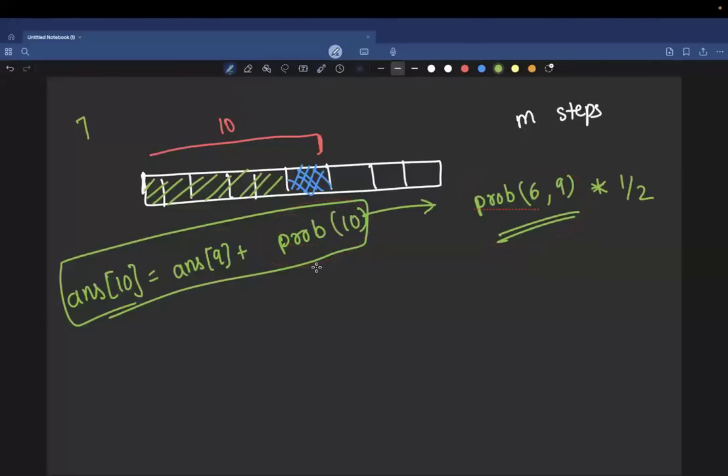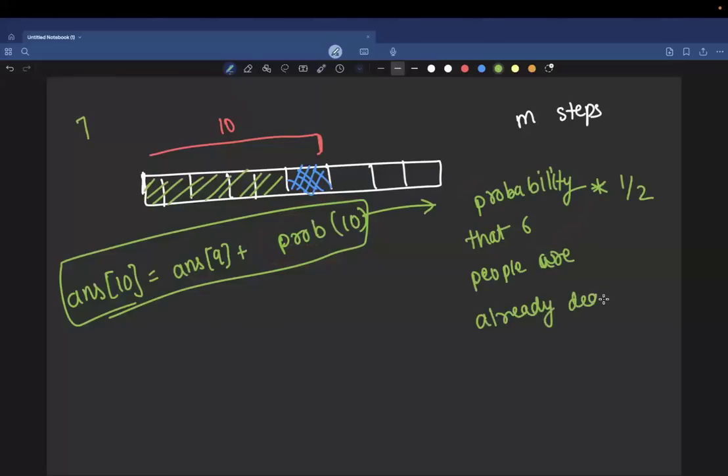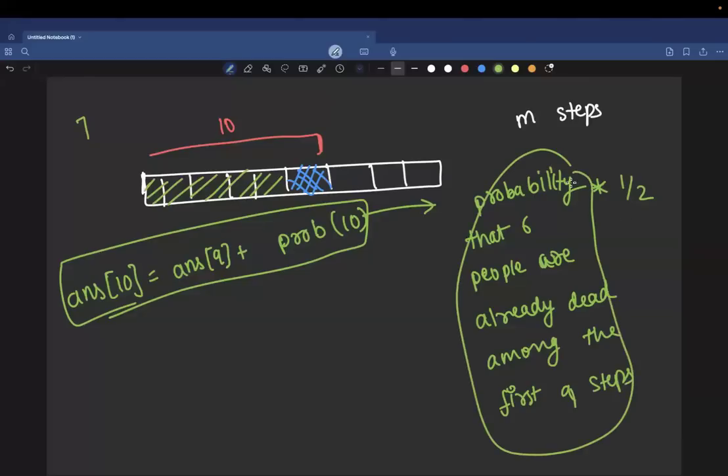Let's say we just want to find out the probability that the last person dies on the 10th step. It would be nothing but the probability that 6 people are already dead among the first 9 steps, and then the misfortune happens for the last survivor and he dies on the 10th step.